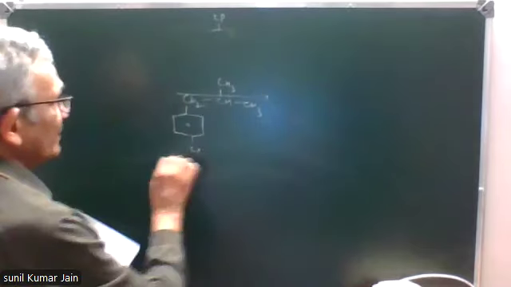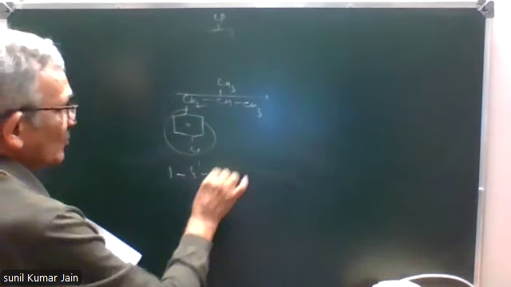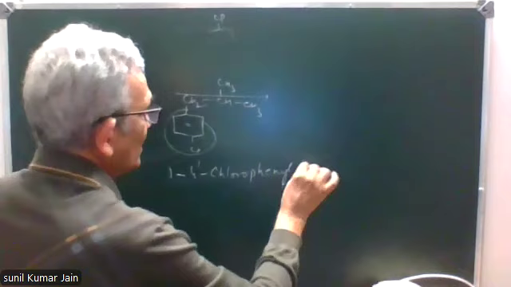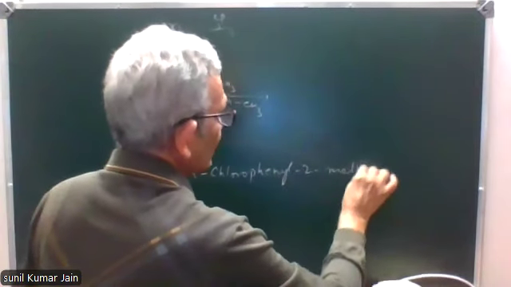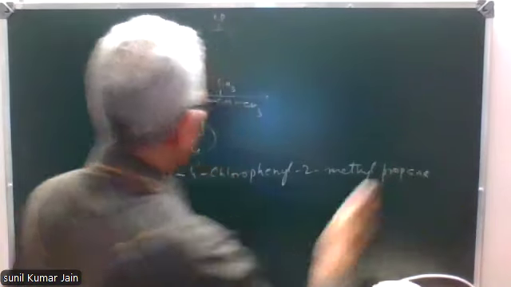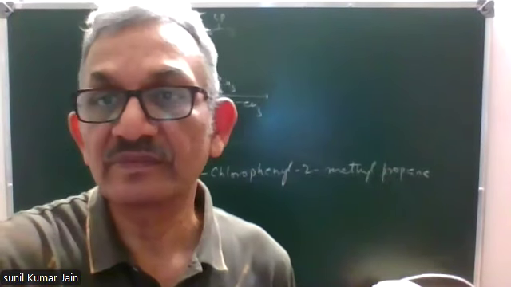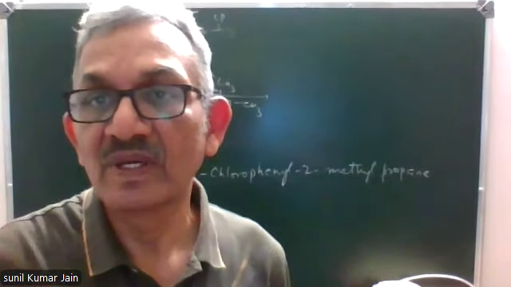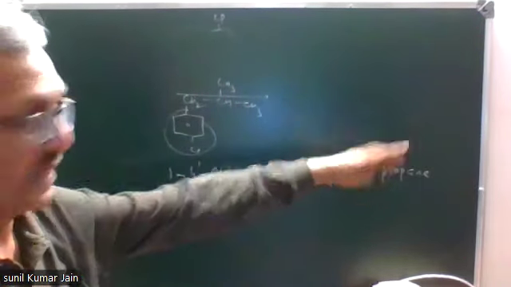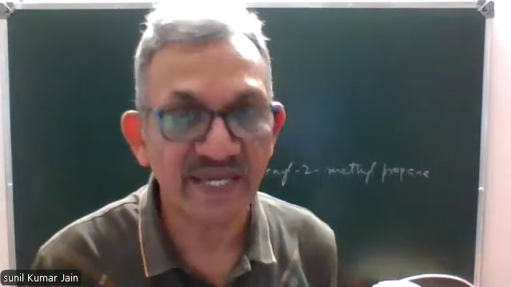This is the direction of counting. 1, this is 4-chlorophenyl, 2-methylpropane. So 1-(4-chlorophenyl)-2-methylpropane, and this is the one which we can classify. This is an aryl halide.